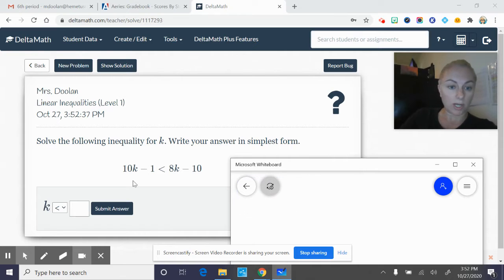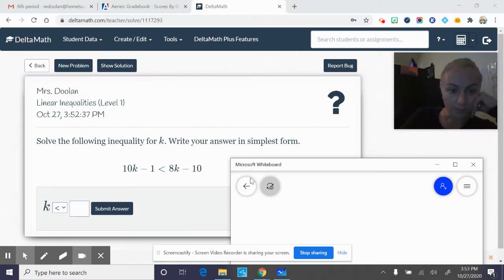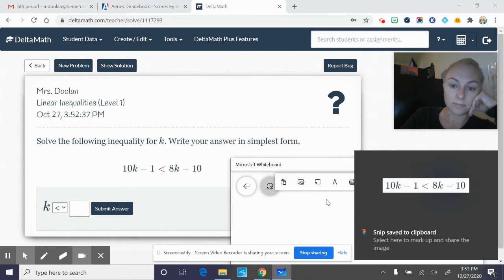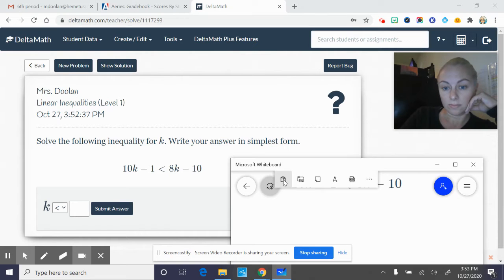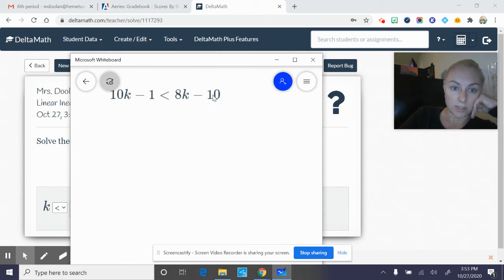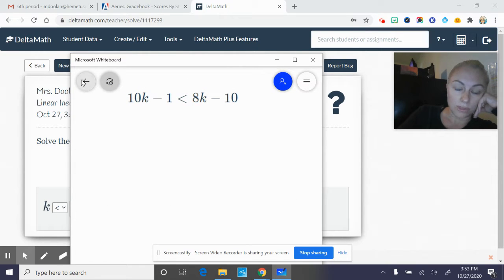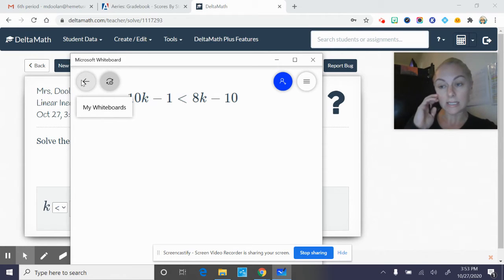Let me go ahead and quickly screenshot this new one. All right, so we're going to solve this one. Now, when you solve an equation, you're trying to combine like terms, and it's the same thing when solving an inequality.